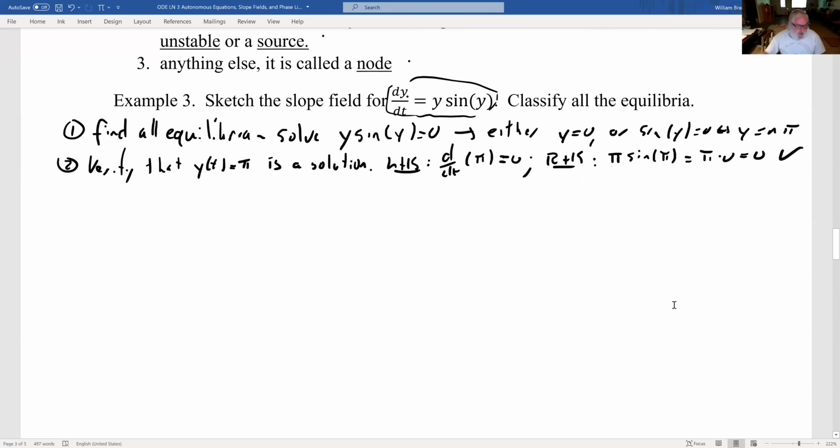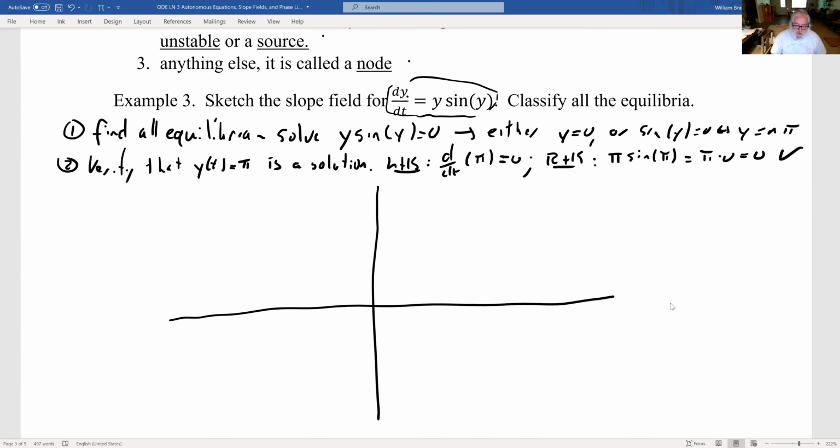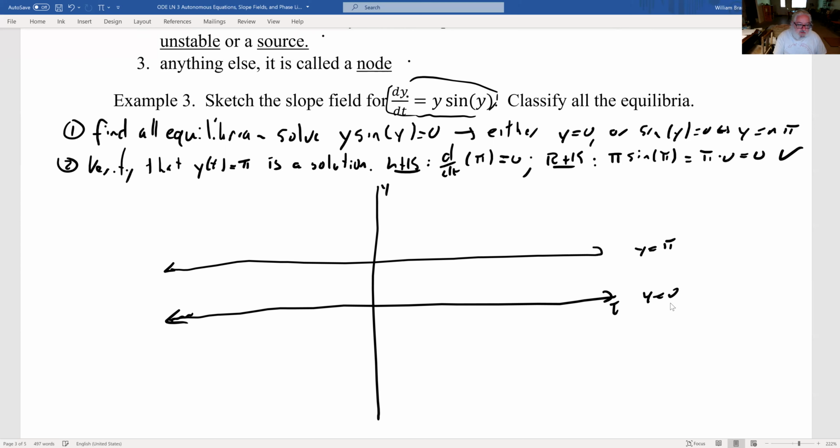So this gives us a way to get started on what this looks like. Our slope field has axes t and y. t equals 0, y equals 0 is an equilibrium, so that means the t-axis. y equals π is an equilibrium, so it's a solution that's a horizontal line. y equals 2π.